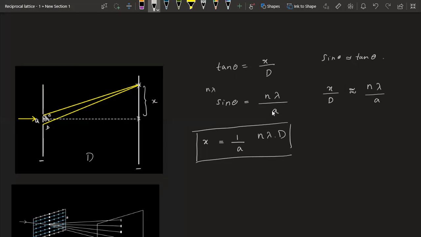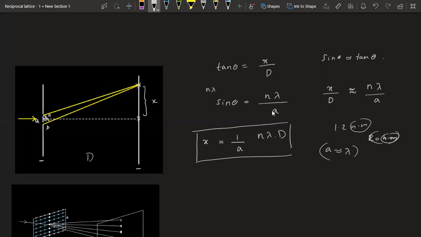If we have some idea of this a value, say we know it's somewhere in the nanometer range, maybe like 1.2 nanometers, or say about 20 nanometers, something like that. So if you have some knowledge about what order it comes in, we can use a lambda of almost the same order of magnitude, then this x will only depend on this d value.